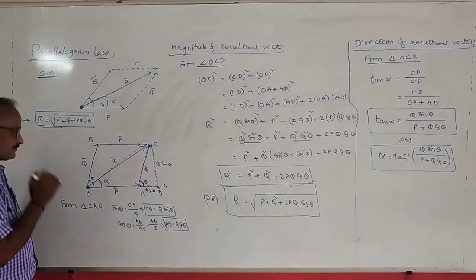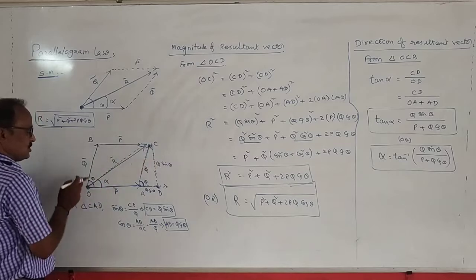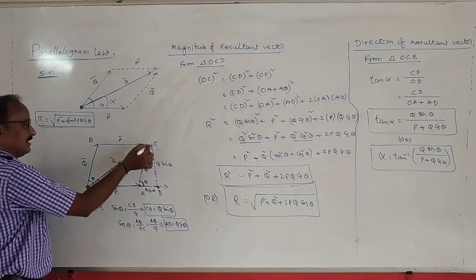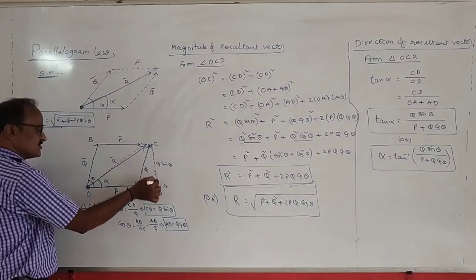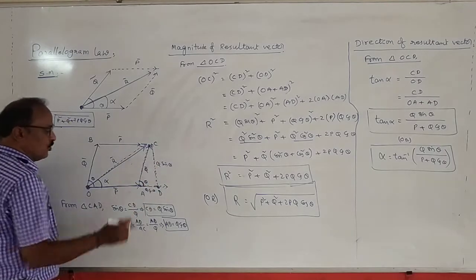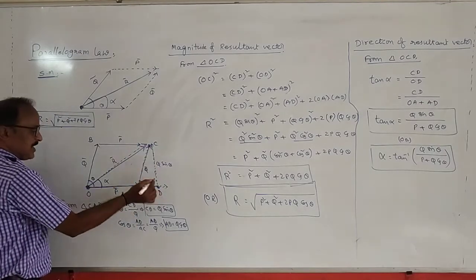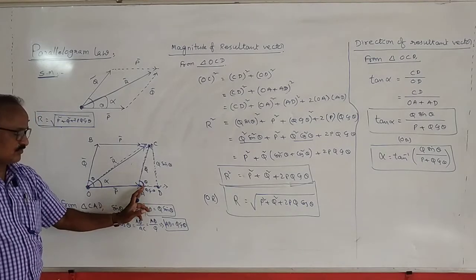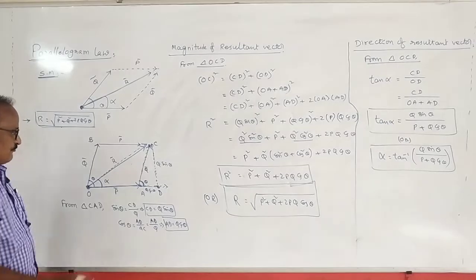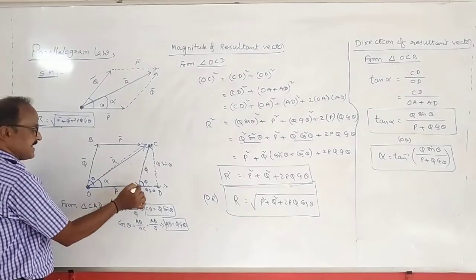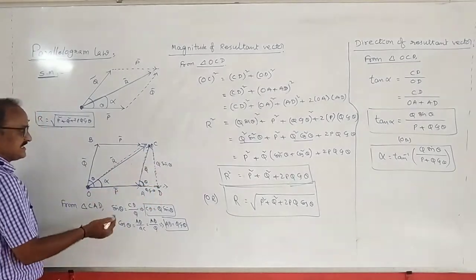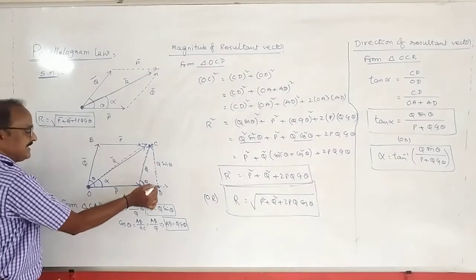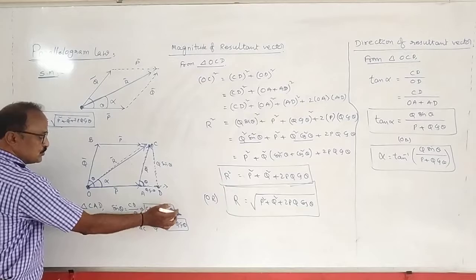Also, AC bar is parallel to OB bar, which is also equal to Q bar. Now, let us draw a perpendicular line from C on the extended line OD. Here, this is the angle theta, and this angle is also equal to theta. From the triangle ACD, sin theta is equal to CD by Q, so CD is equal to Q sin theta.